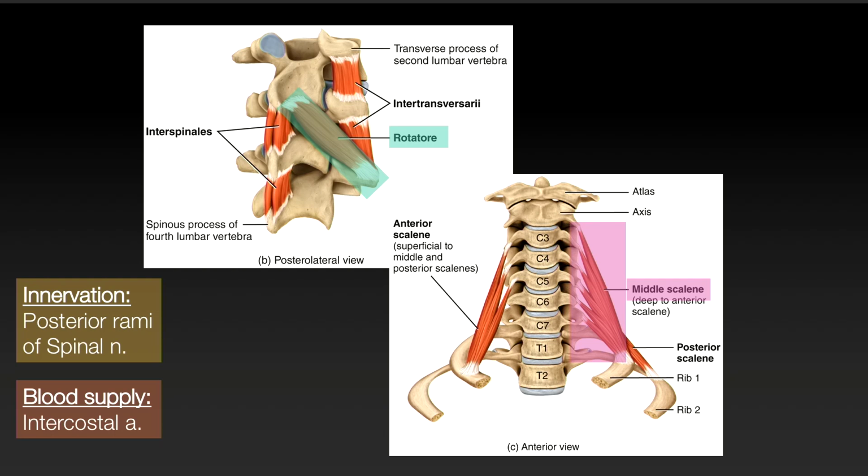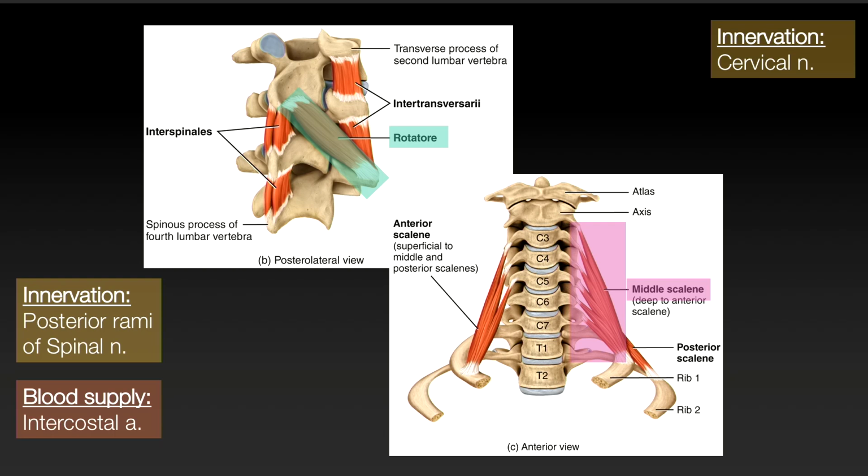One small difference here. So far, we've only seen posterior rami, but we're disrupting the status quo. These are innervated by cervical nerves, cervical spinal nerves, which makes sense. Those nerves would arise from the spine, the cervical spine, where the scalene muscles reside, and innervation would be immediate in that general vicinity.